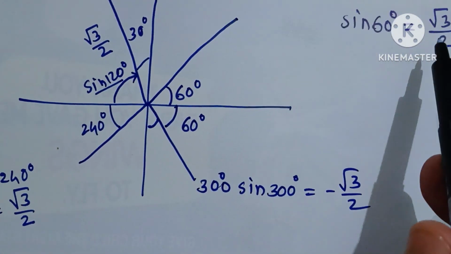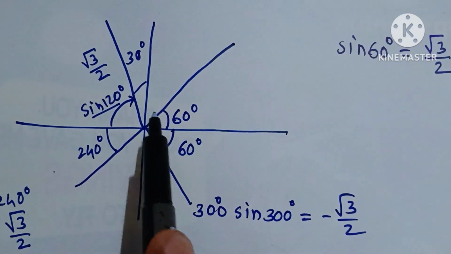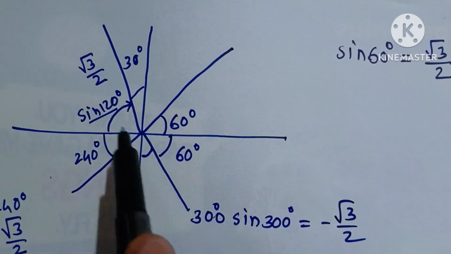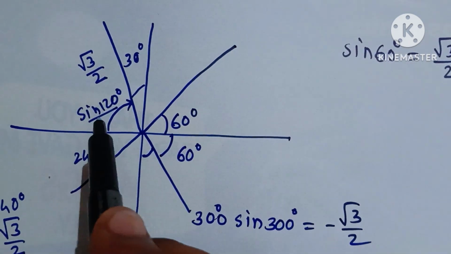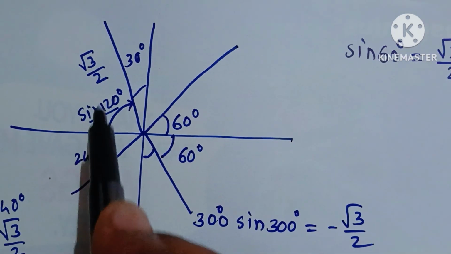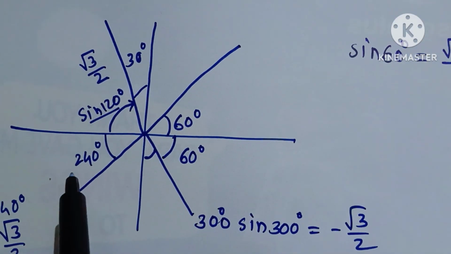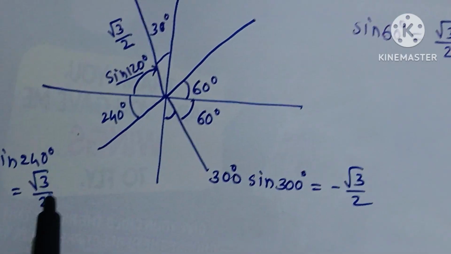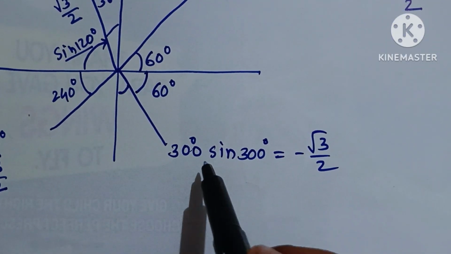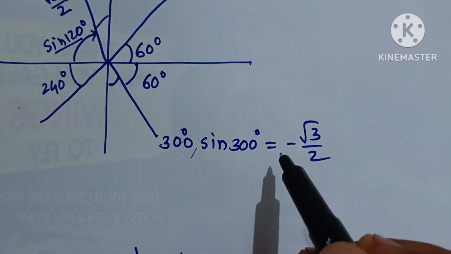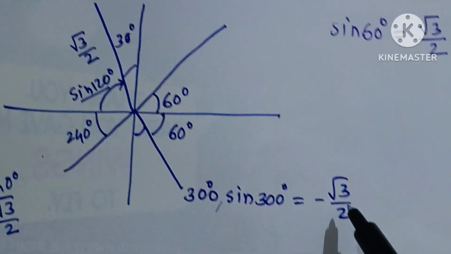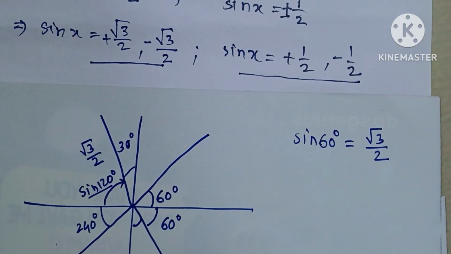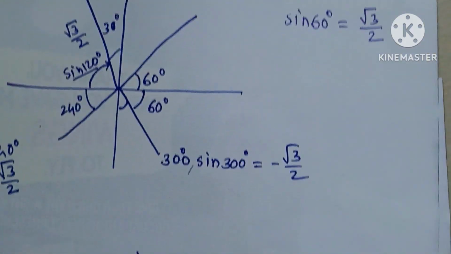Sin 60 degree is equal to root 3 by 2, sin 120 degree is equal to root 3 by 2, sin 240 degree is equal to minus root 3 by 2, and sin 300 degree is equal to minus root 3 by 2. This is about the values of sin x equal to plus root 3 by 2 and minus root 3 by 2.